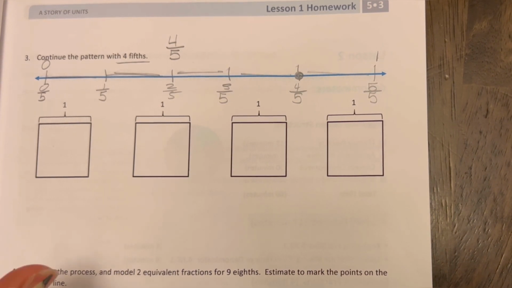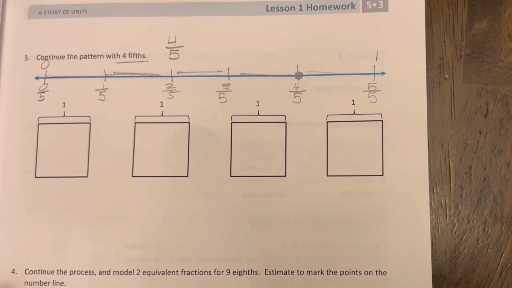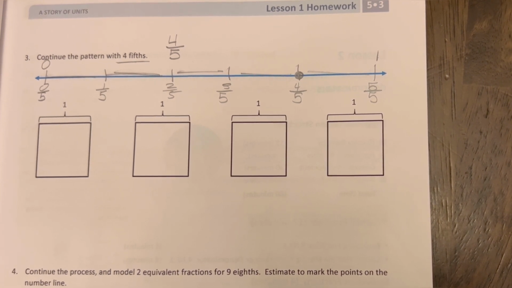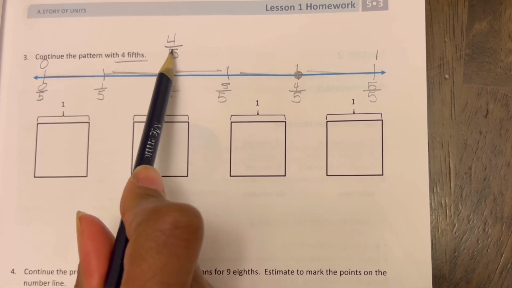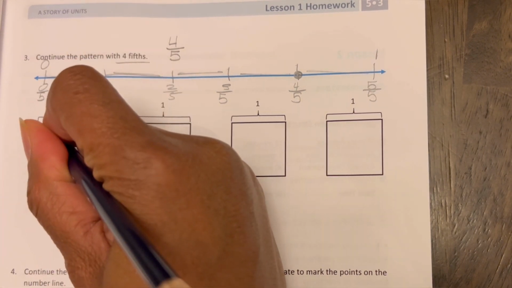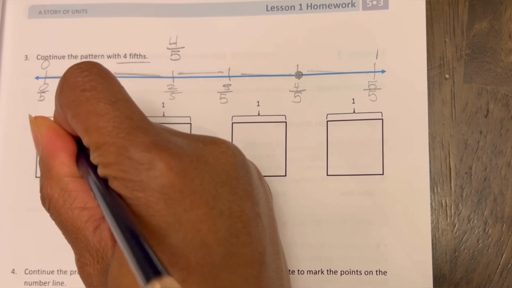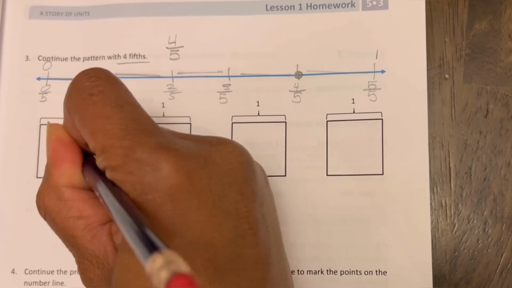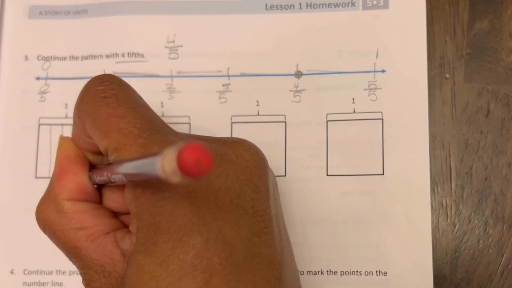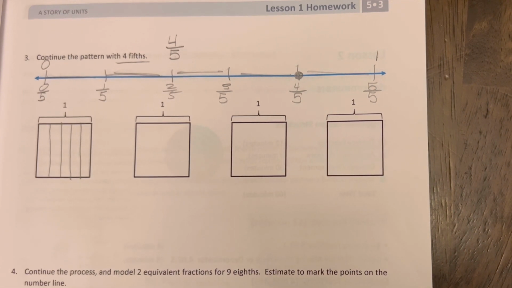Okay? So now, it's a little bit more difficult because yes, we're gonna start with drawing our vertical lines. So we're gonna put them into fifths. So to put them into fifths, you need to do 4 lines going up and down. 1, 2, 3, and 4. Try to make them as even as possible.